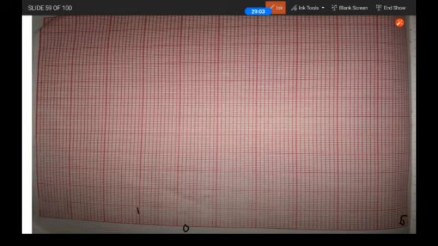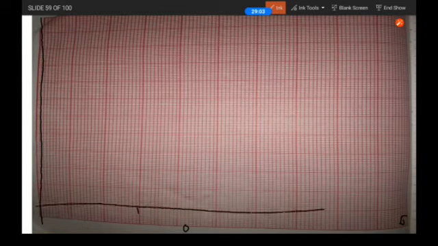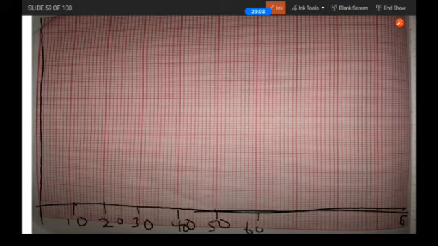So let's shift it to the end here. Yeah, to the end, please. Yeah. So we have 10, 20, 30, 40, 50, 60, 70, 80, 90, then we have 100.